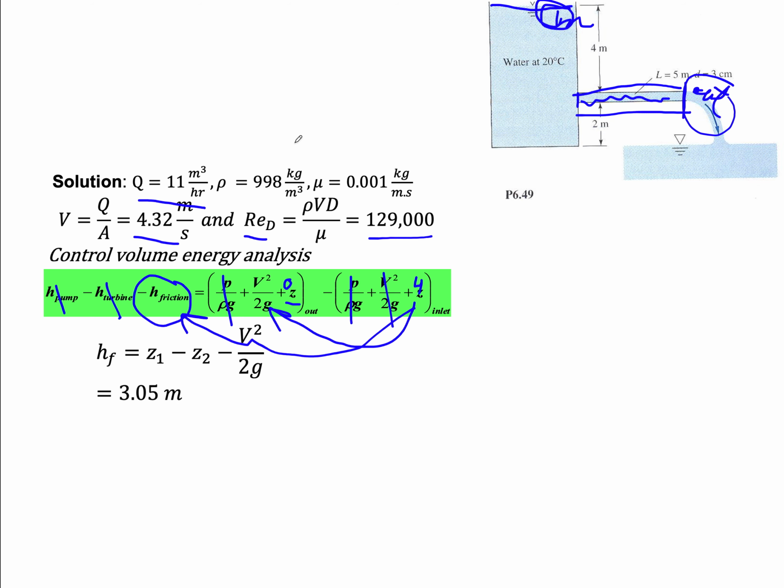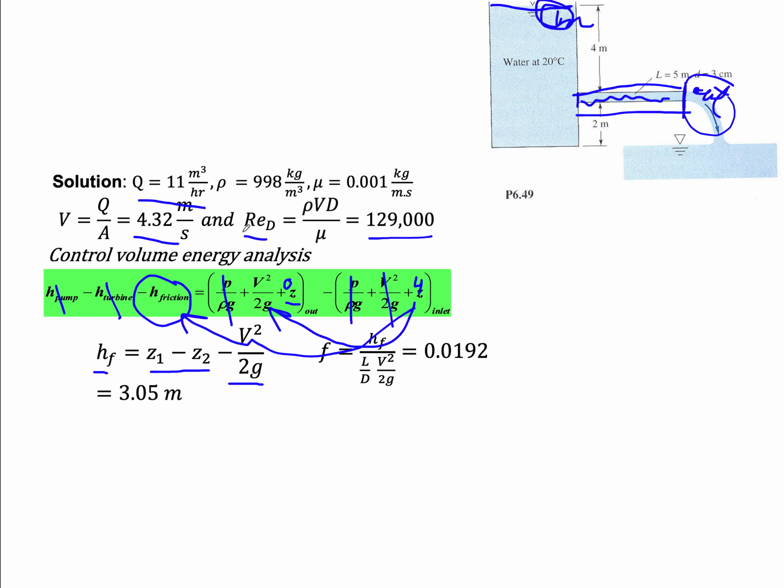If we rearrange this, the delta Z goes into friction head loss, as well as kinetic energy coming out of the pipe. We've computed the velocity to be 4.3 meters per second. You stick it in here. Z1 minus Z2 is 4 meters. So I get my friction head loss of 3 meters.